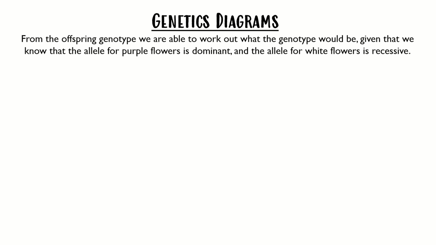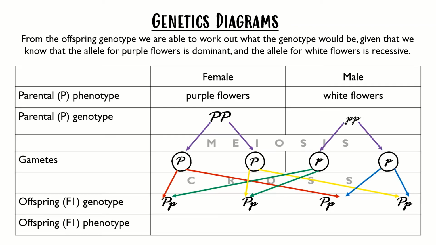The next step, once we've worked out the genotype by doing the genetic cross, is to work out the phenotype, knowing which allele is dominant and recessive. For all of those, the genotypes are exactly the same. They all have capital P, small p, which is a heterozygous genotype, and so the offspring phenotype would be purple flowers for all of them.